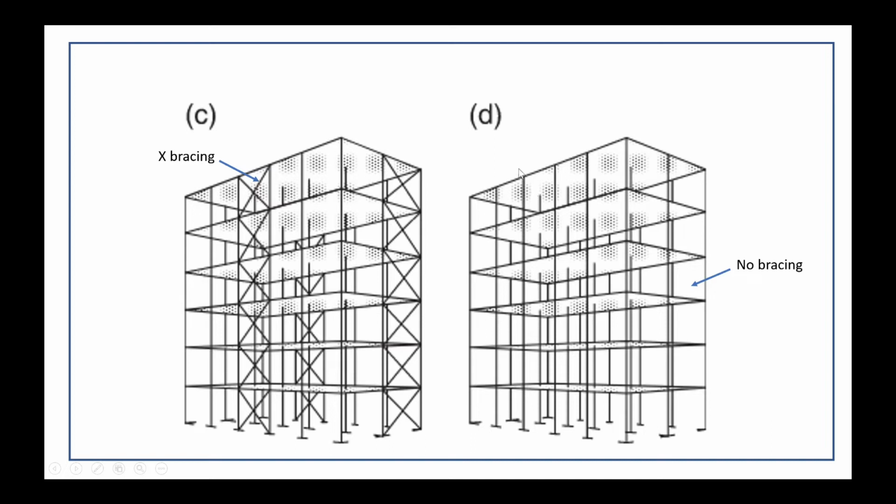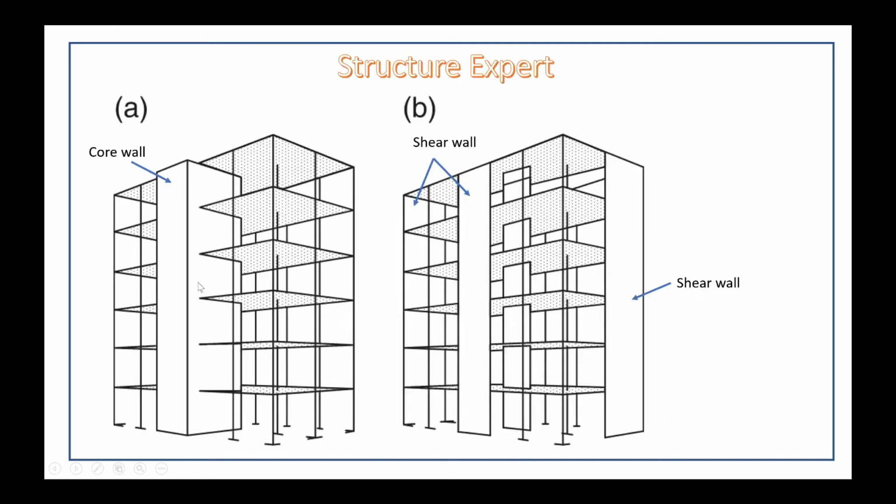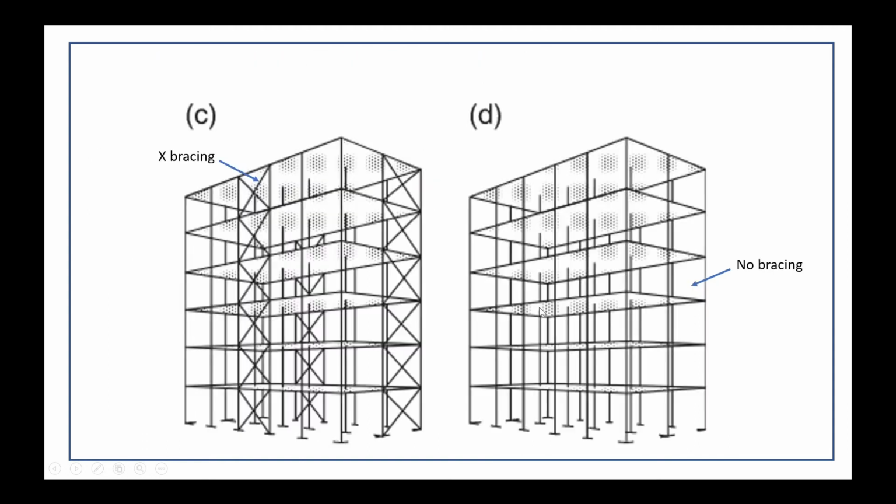So if we classify based on the visual, we do not see structural bracing or wall. We say the structure is unbraced, the structure is an unbraced frame.